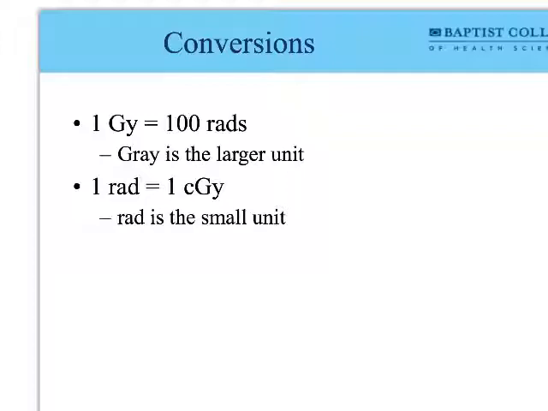As I like a 1-to-1 comparison, 1 rad equals 1 centigray. So we could express both of these in scientific terms like that, using centi and milli and things like that. That's the unit of conversion.